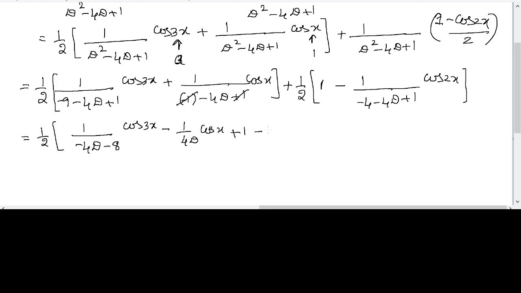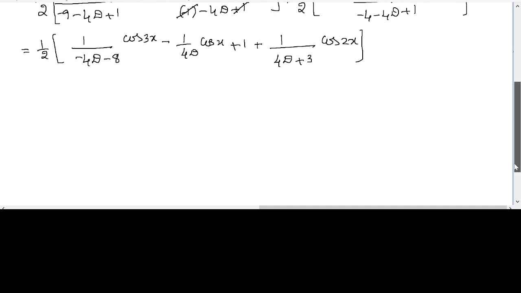So from there you take minus outside, that becomes plus 1 upon 4d. So plus 3 you will get into cos 2x.